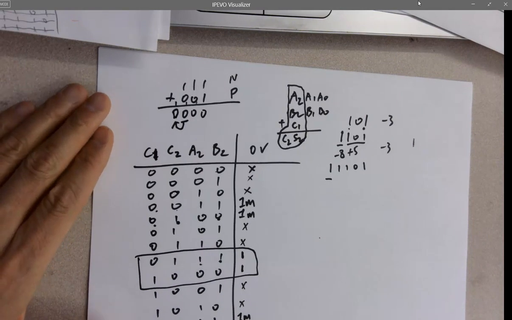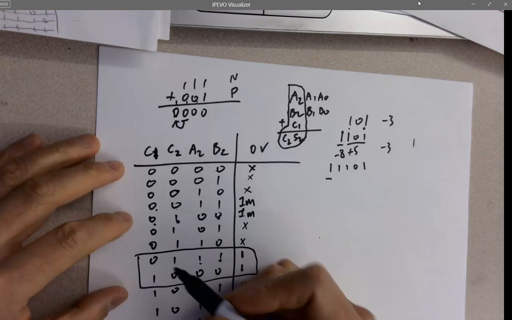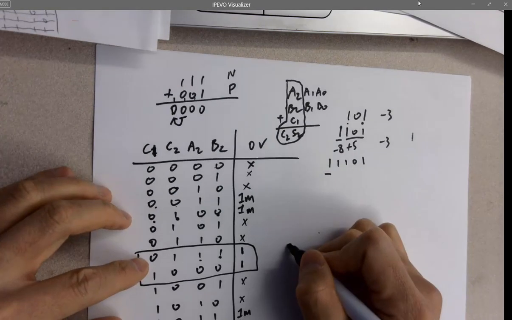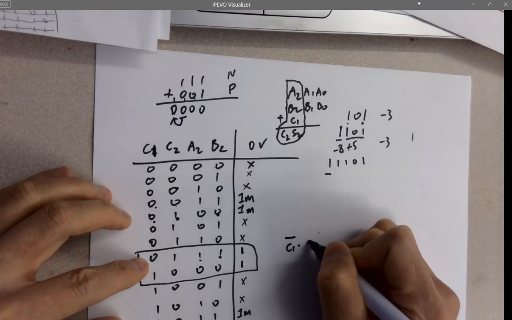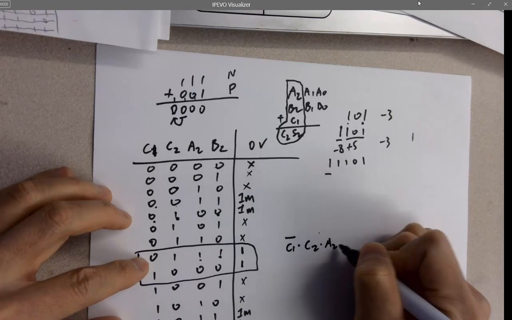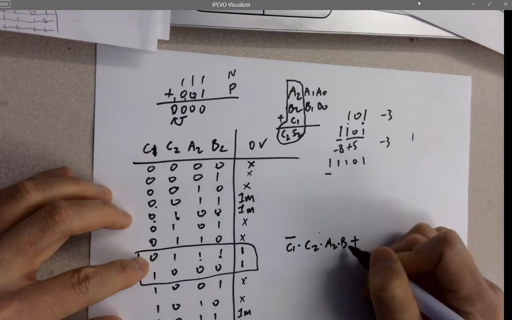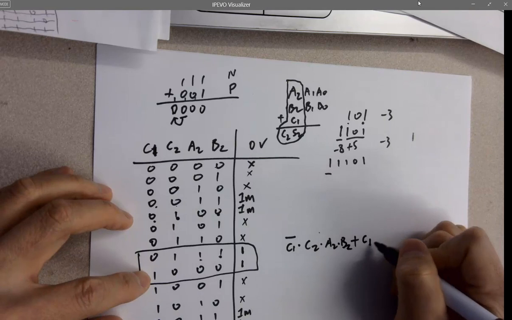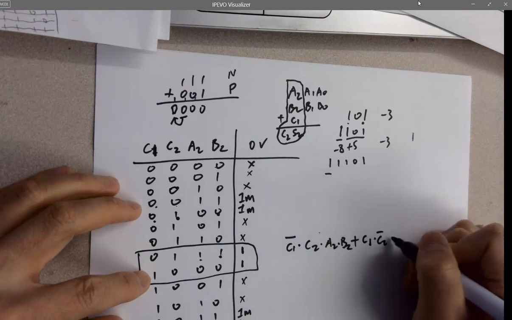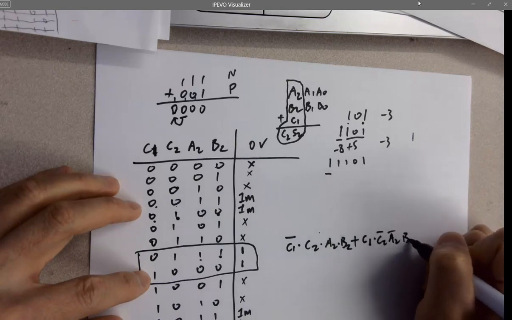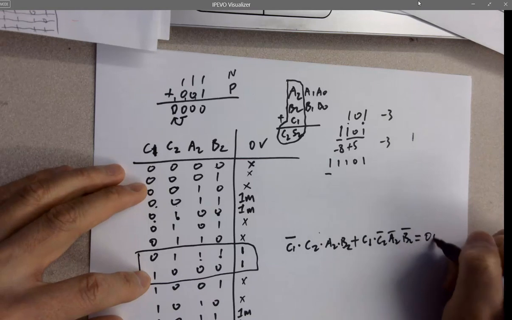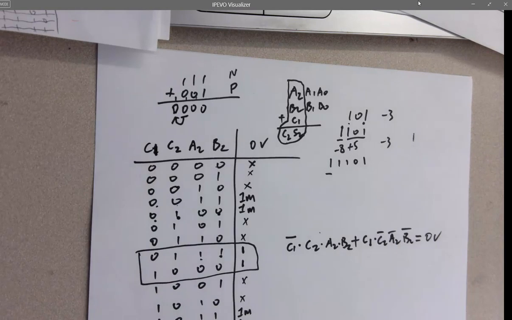You could put C1 not and C2 and A2 and B2, or C1, C2 not, A2 not, and B2 not here as the overflow bit. What?